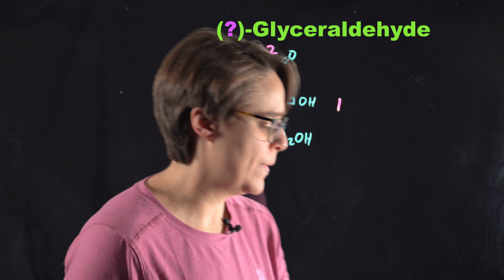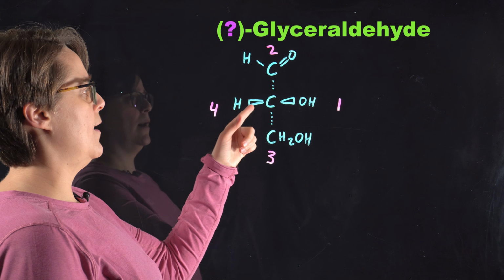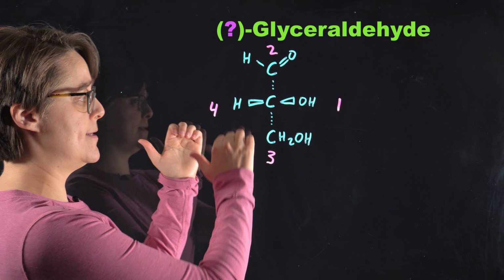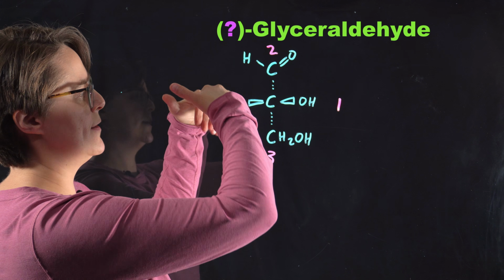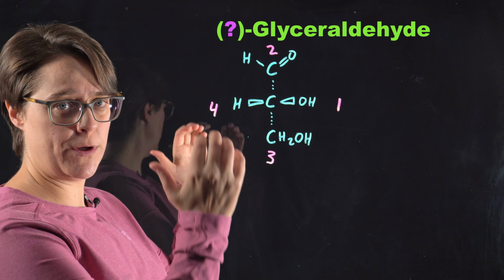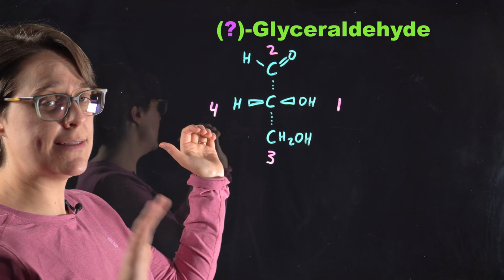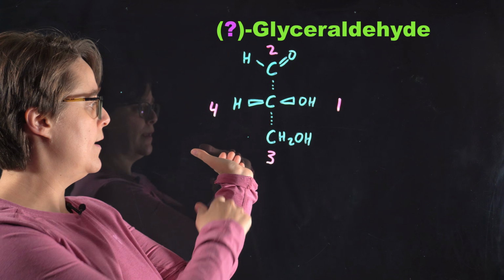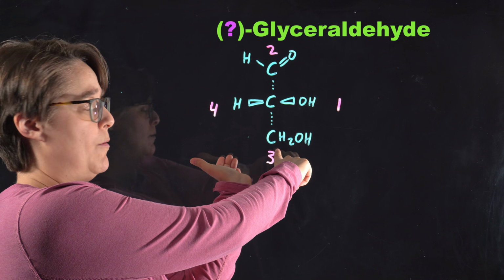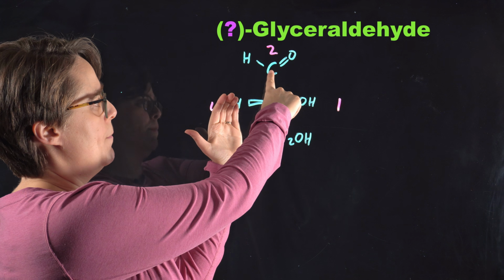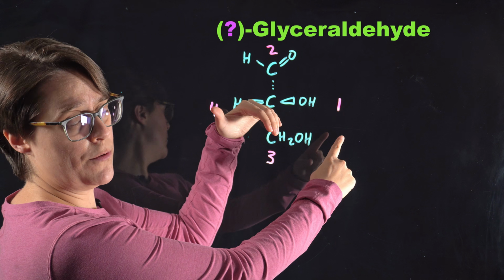So let's think about this. Hydrogen is our lowest priority. It's coming out of the board and to the left. One of our hands will go rotate through 1, 2, and 3. Let's see, does it work with my left hand? If my fingers start down into the back in group 3, then they rotate up into the back in 2, out into the right 1.